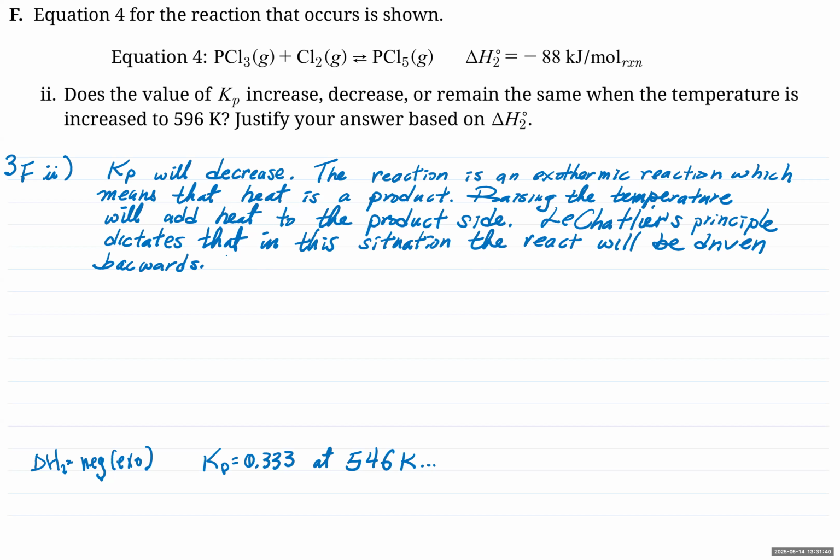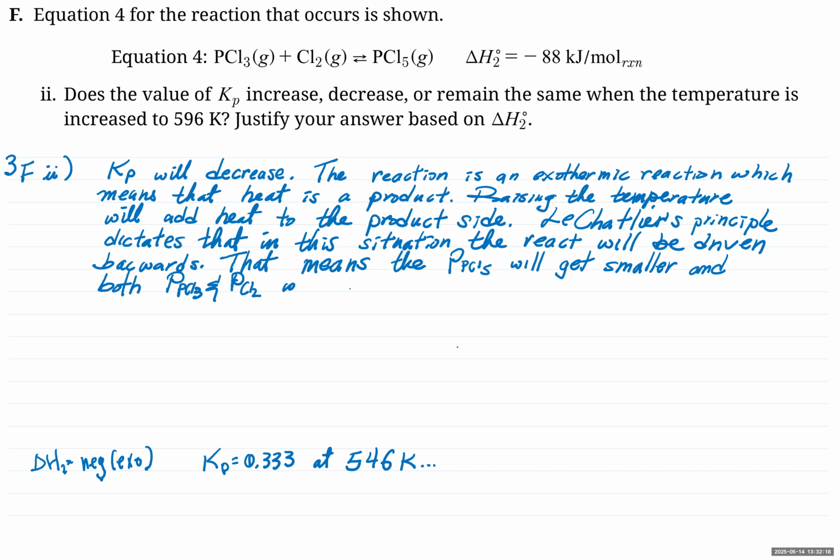That means the number of products, I'm just waiting for my computer to catch up. That means the P for PCl5 will get smaller, and both the partial pressures of PCl3 and the partial pressure of Cl2 will become larger values.